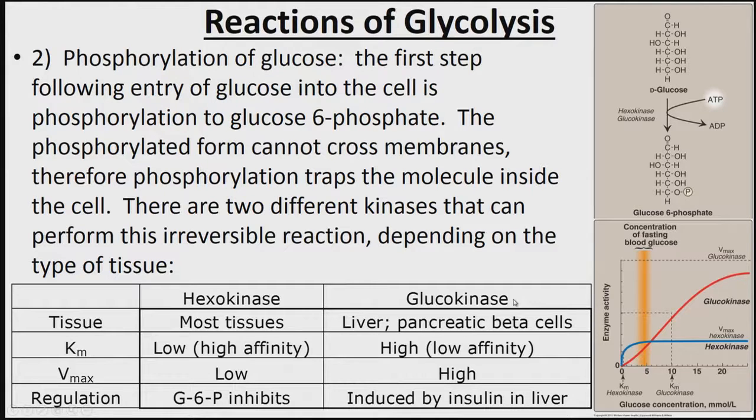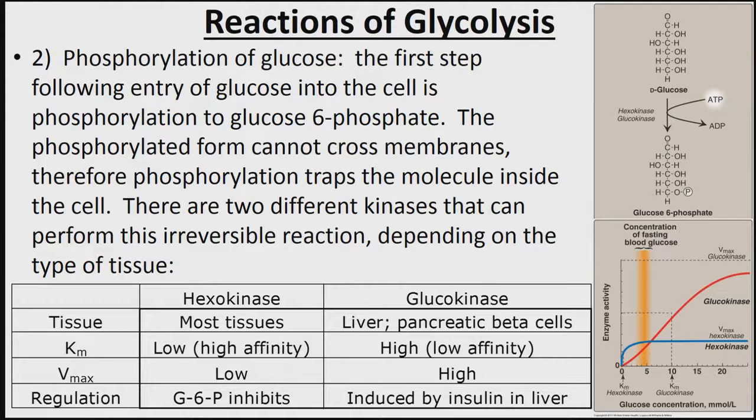Okay, now remember, the liver has to actually take glucose in, and at some point it's got to send it out, right? So how it makes that decision is based on concentrations. But that also means you don't want to have an enzyme with a very high affinity. Okay, because at some point you have to have free glucose available to release out. So if you had a very high affinity enzyme, it would just immediately phosphorylate it and you'd never be able to release glucose.